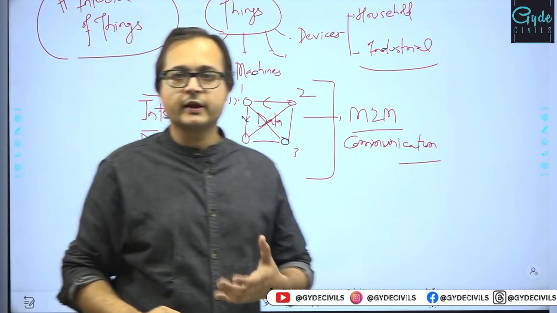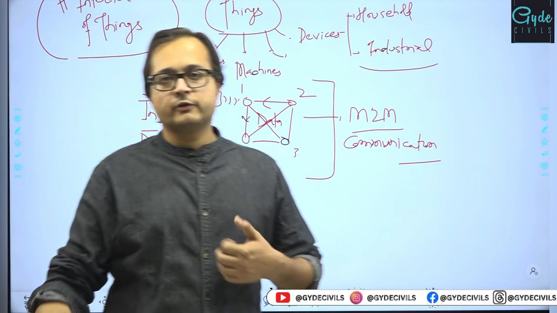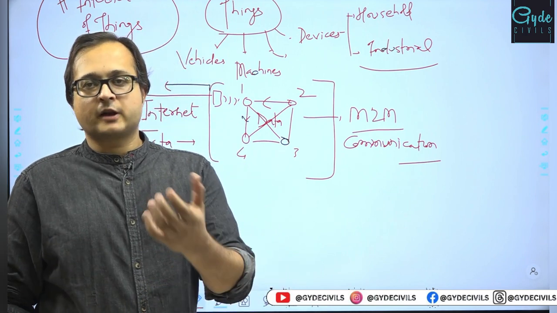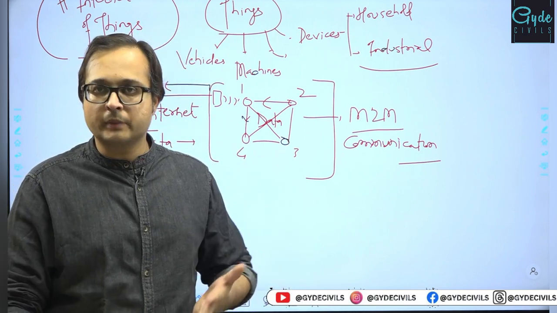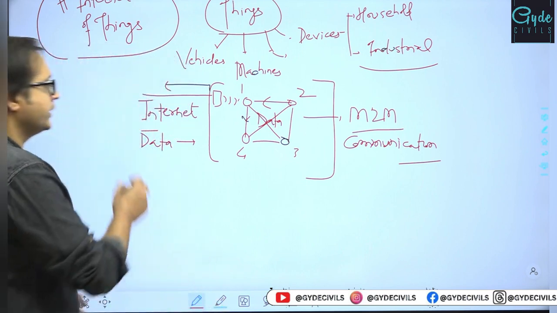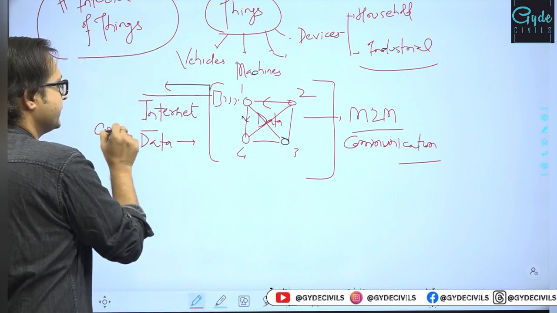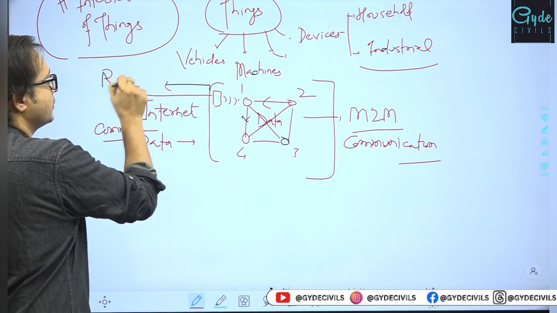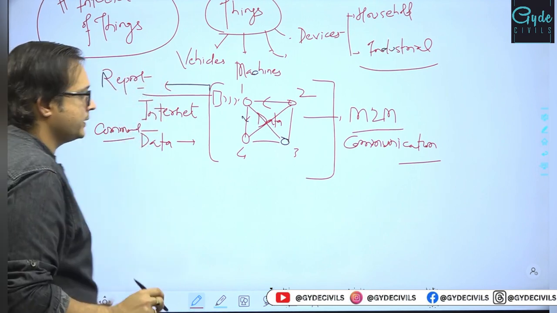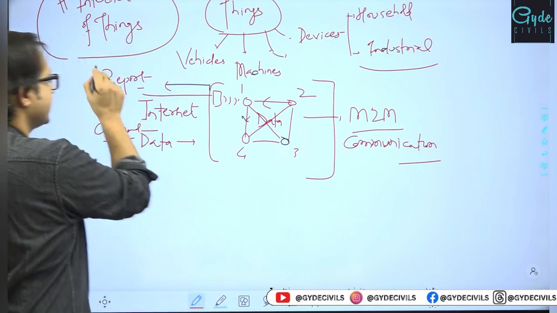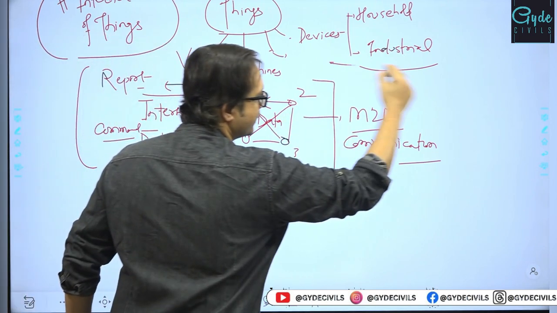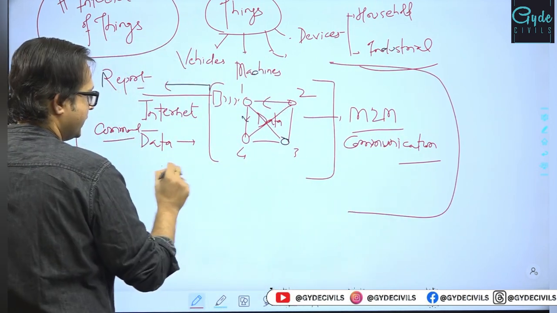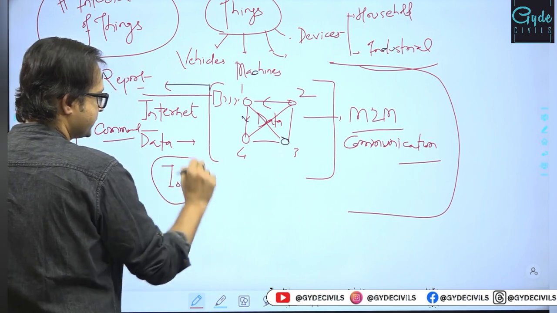That means they can receive any form of command, and they can report to a particular command, right? When they can receive a command from the internet and they can report to a particular command, that becomes a holistic network where we can have Internet of Things being established, right?